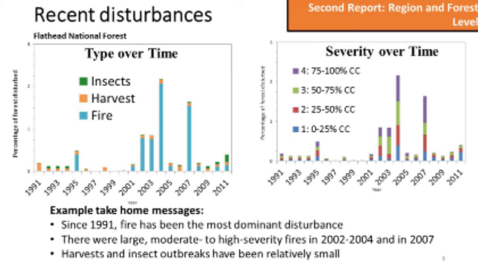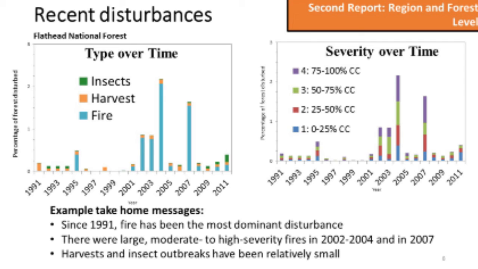On the right, what we see is the same disturbances broken down into magnitudes. So we've got a distribution of pretty light disturbances, class 1, that's 0 to 25% canopy cover change, or canopy cover loss, CC loss, all the way through class 4, which is 75 to 100% canopy cover loss.